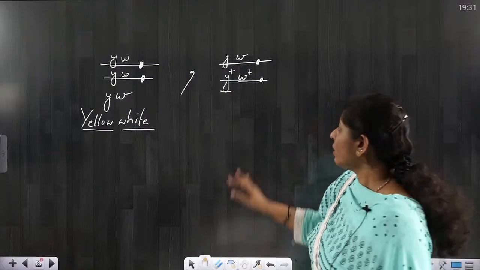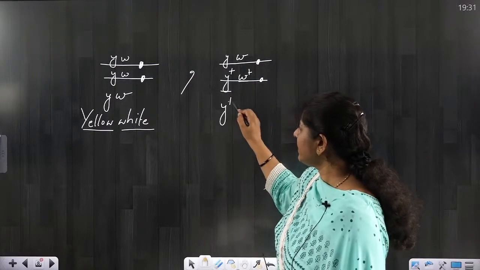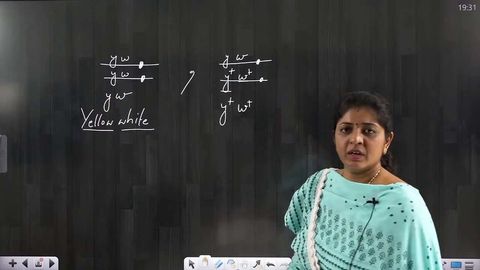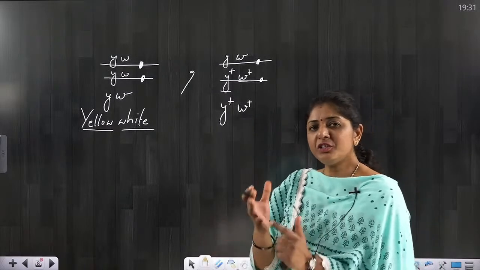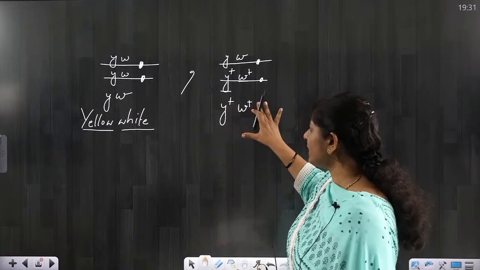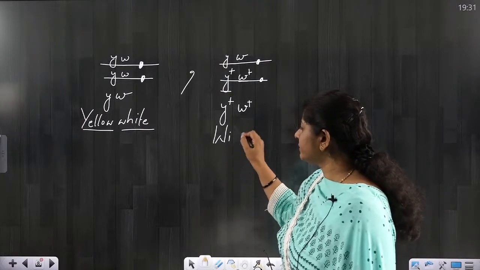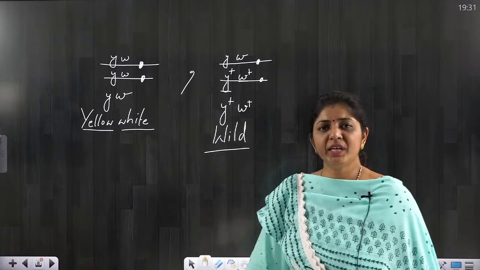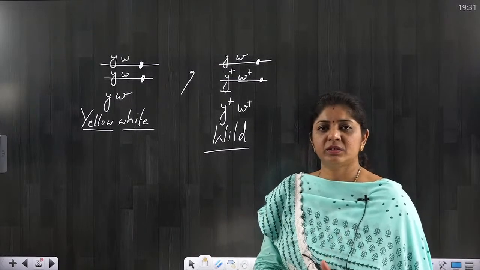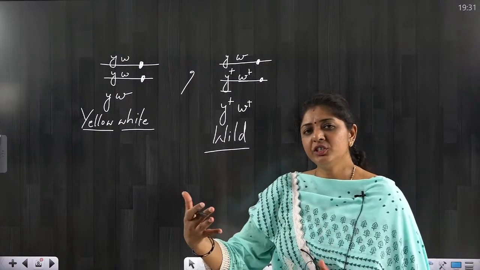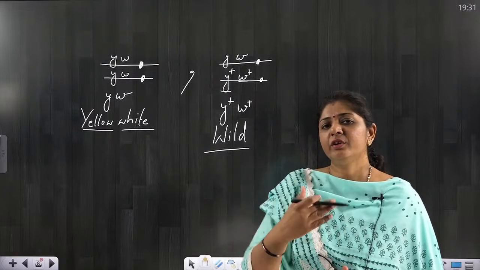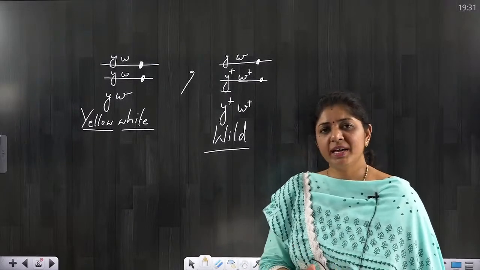Both are dominant, so you need not write that this is brown and this is red color. No, you simply write this is wild type. Wild means dominant for both the characters.